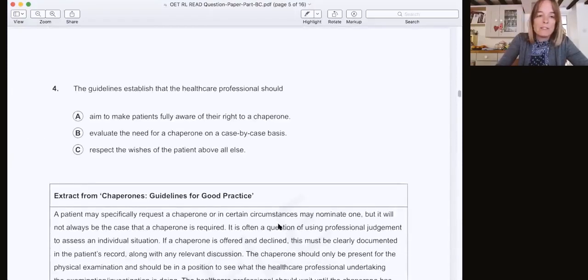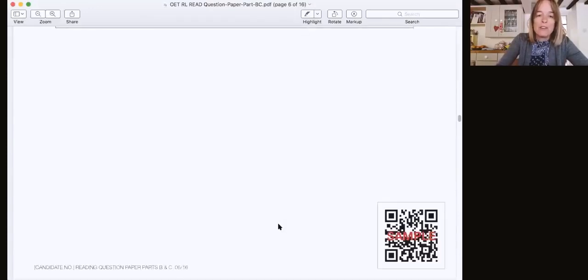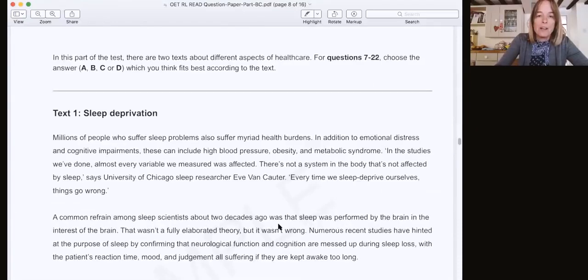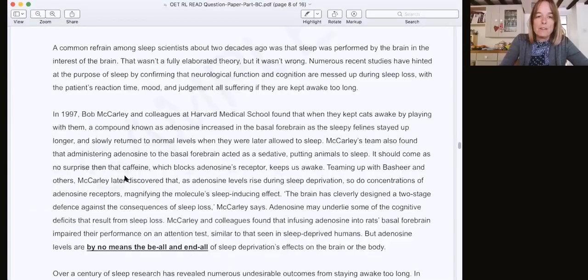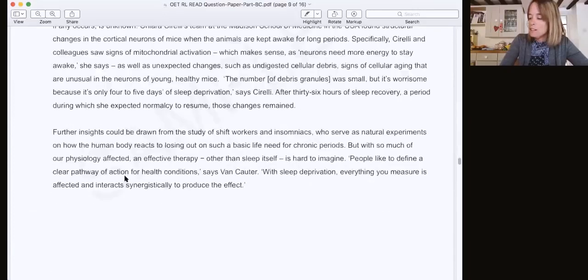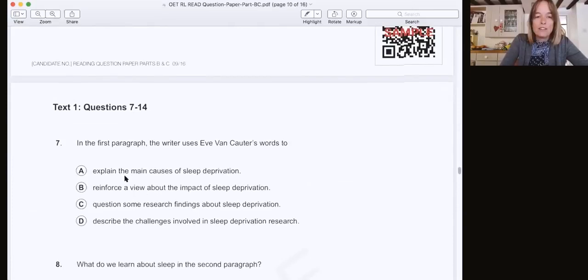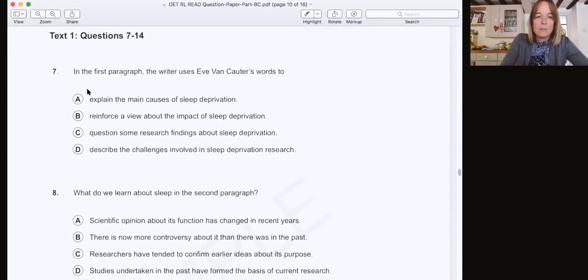You have two texts, and they are topics of general interest for healthcare professionals. For example, we have one on sleep deprivation. It's quite a long text, around 800 words for each text. After that, you can see that we have some multiple choice questions.